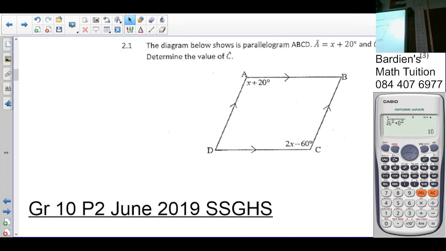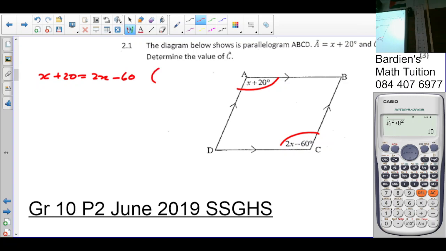People, what are the properties of a parallelogram? Opposite sides are equal, opposite angles are equal, opposite sides are parallel, and the diagonals bisect each other. So we're going to go with the fact that opposite angles are equal. So I've got x plus 20 is equal to 2x minus 60.